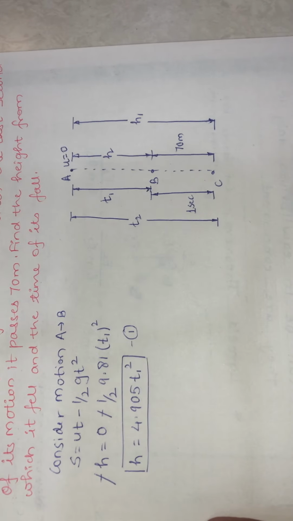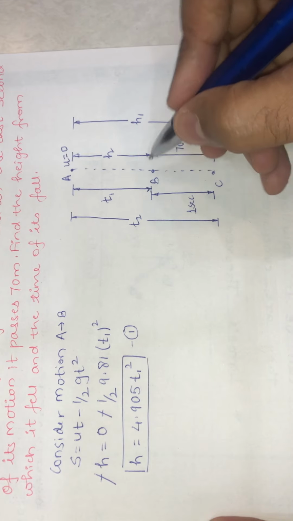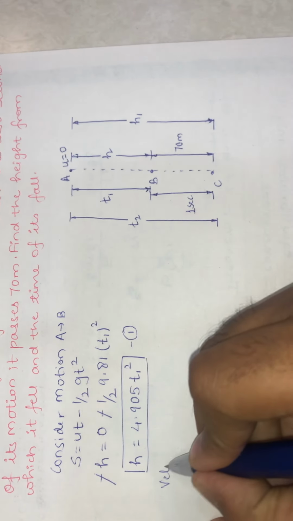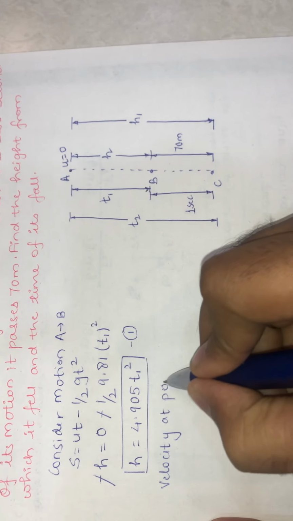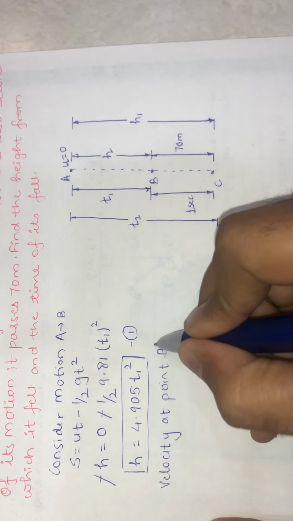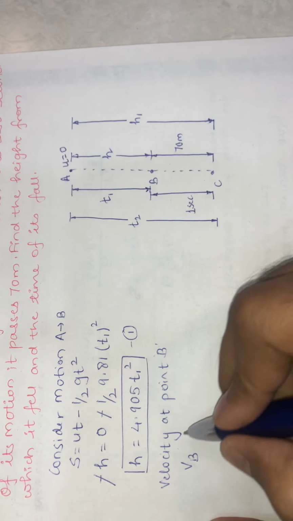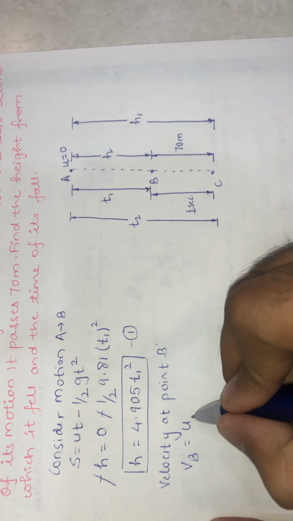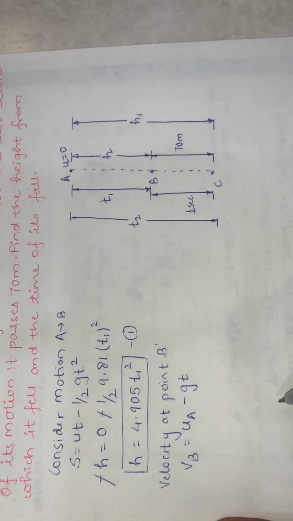Now we'll find out the velocity at point B. So velocity at point B will be the final velocity for process A to B. So VB equals UA minus gt.